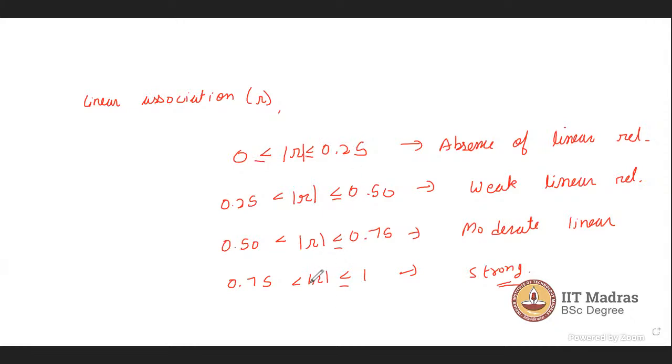Excuse me, sir. Is linear association only for correlation or covariance? By using the correlation coefficient, we compute the value of R, and on the basis of the value of R, we tell whether there is absence, or a weak, moderate, or strong linear relationship.